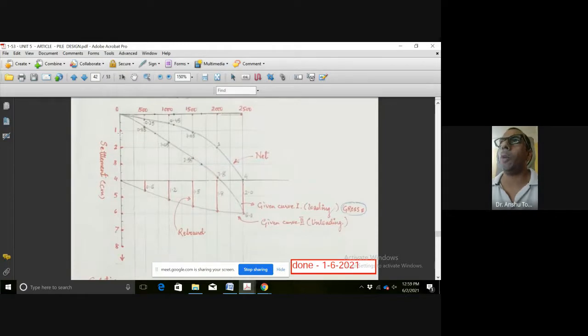This is approximately 12 mm. And I will try to draw a straight line here. But I want to mark a point on the gross settlement curve. So our gross settlement curve is this one. So you can see this is the point which is coming. This is the point we are getting on the gross settlement curve.